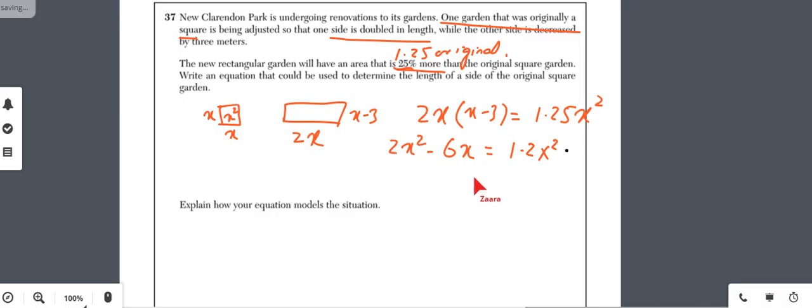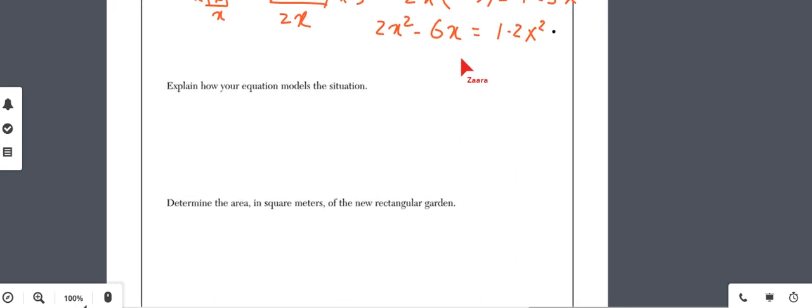The next question is: explain how you model the situation.